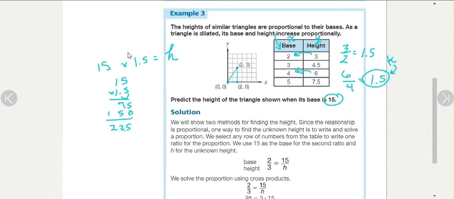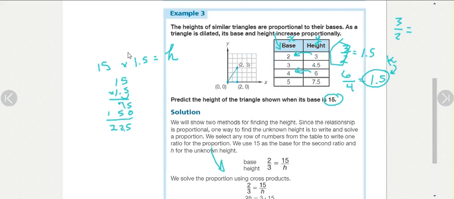22.5. Now the other way that they show here first is you could set up proportions like 3/2 like this, and you could go, that should be the same as, well, does 15 go on the top or on the bottom?